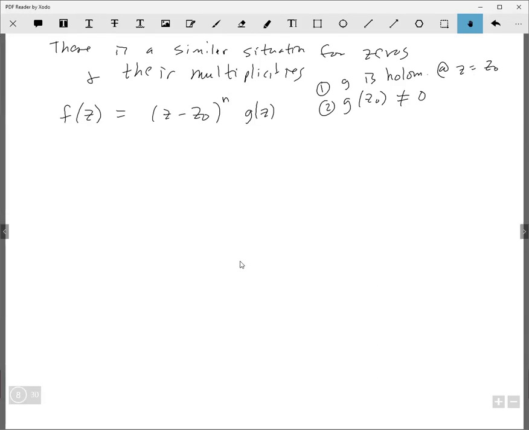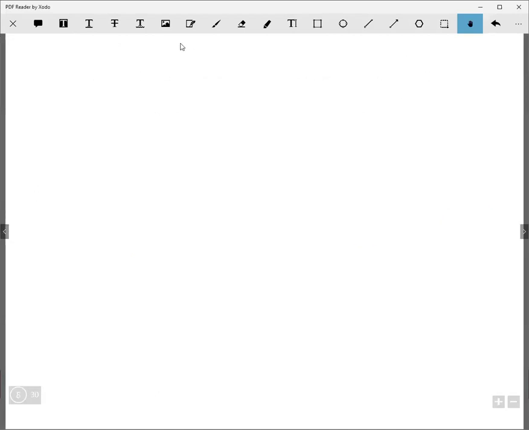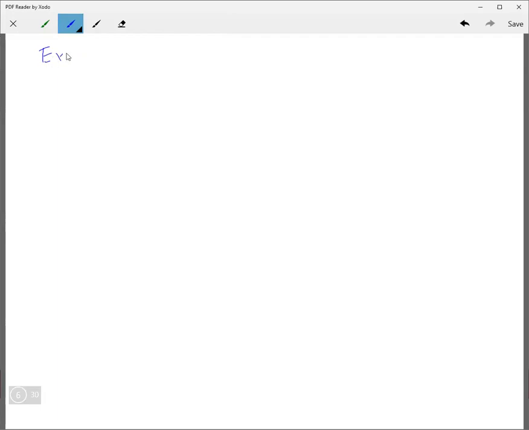Okay, so what I want to do is let's do a couple of examples. So the first one is to classify all singularities.